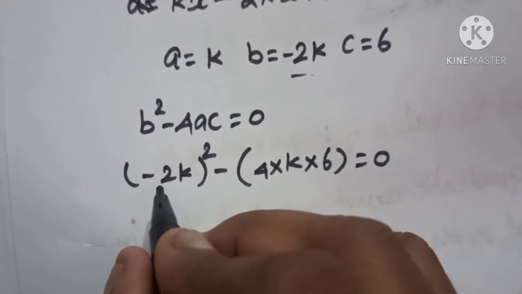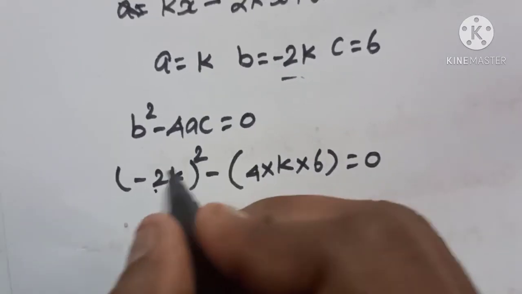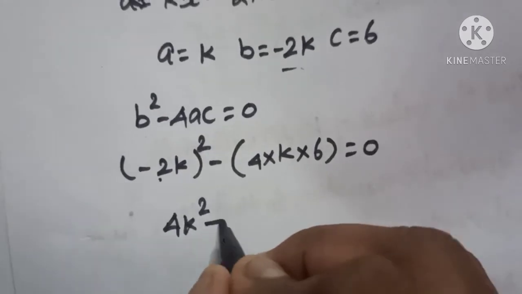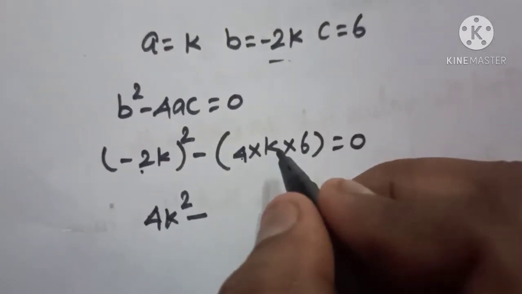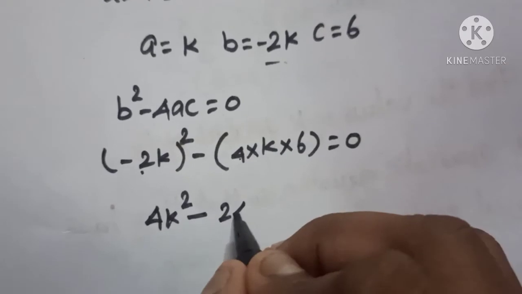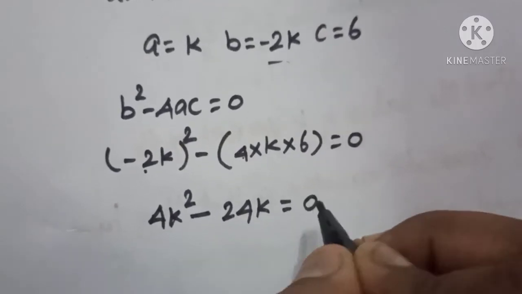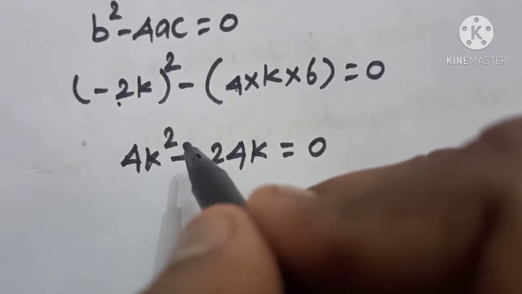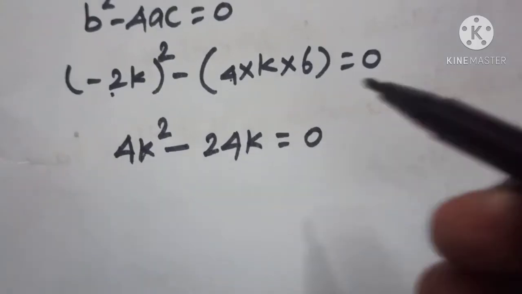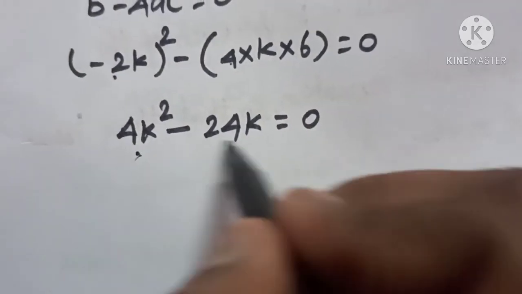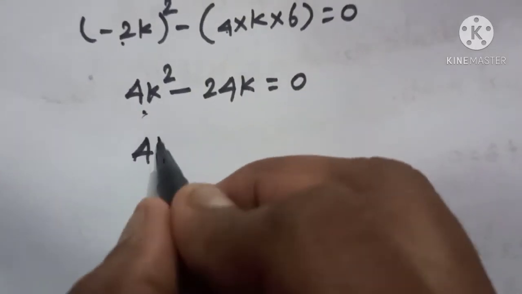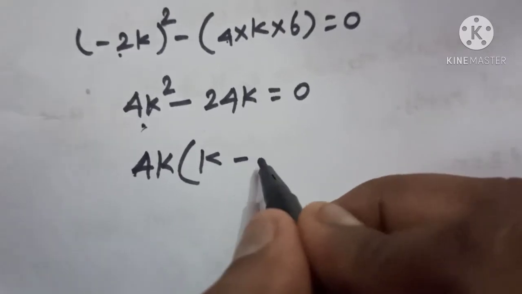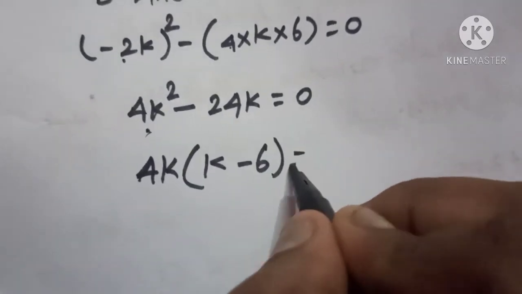Now you can square it. 2 twos are 4, minus becomes plus, so it is 4k square minus 4 into k into 6, which becomes 24k, is equal to 0. In this, k square is there, k is there, there is no constant, no problem. But you can take 4k out, remaining k minus 6 is equal to 0.